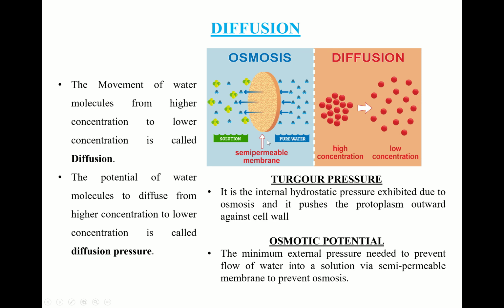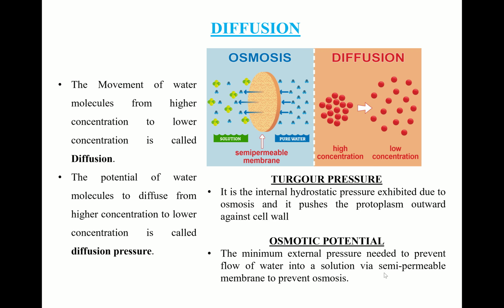When the water molecules are moving from low solute concentration to high solute concentration, or from higher concentration to lower concentration across a semi-permeable membrane, due to the high amount of water the cell will exhibit a high internal pressure which pushes the protoplasm towards the cell wall. That is called turgor pressure.